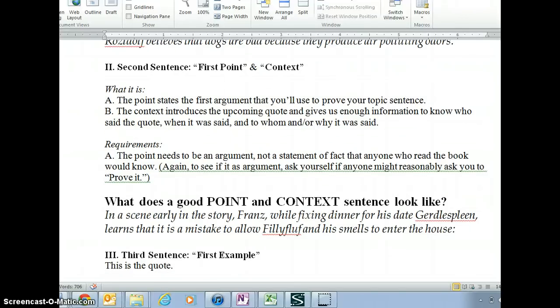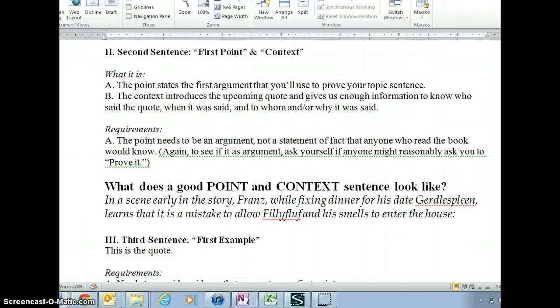So here's an example of a good point and context sentence. In a scene early in the story, Franz, while fixing dinner for his date Gilderschwien, learns that it is a mistake to allow Fillyfluff and his smells to enter the house. So notice we have our context here: in a scene early in the story, Franz, while fixing dinner for his date Gilderschwien.